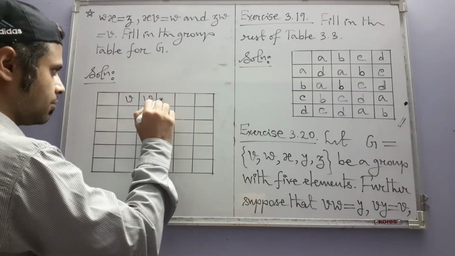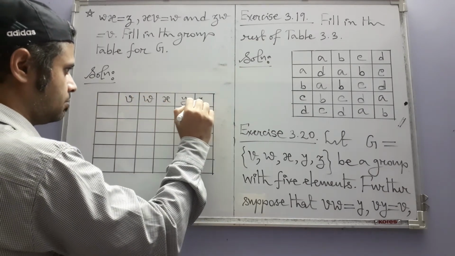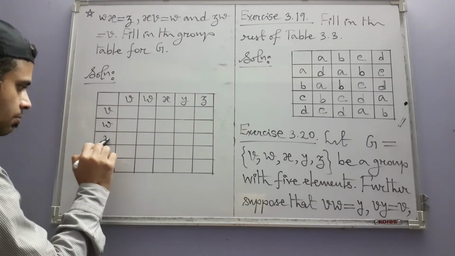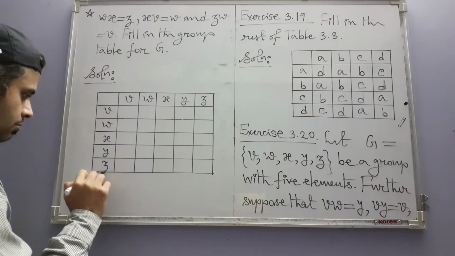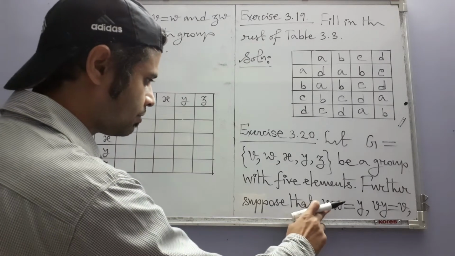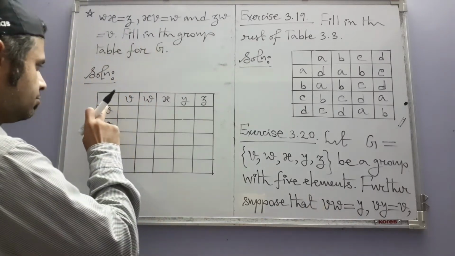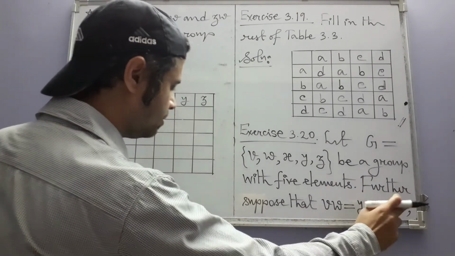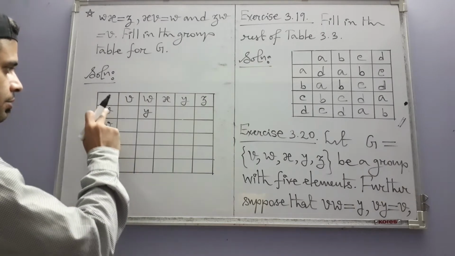V, W, X, Y, Z. V, W, X, Y, Z. So we are given that VW is Y, then VY is V, okay.